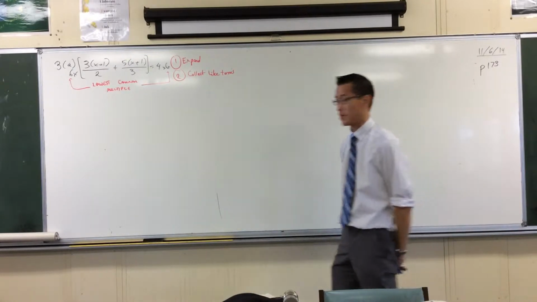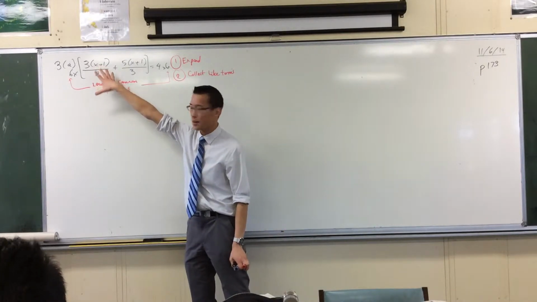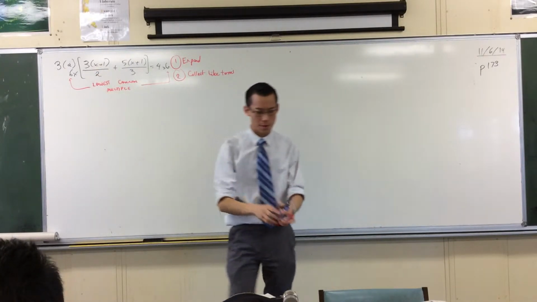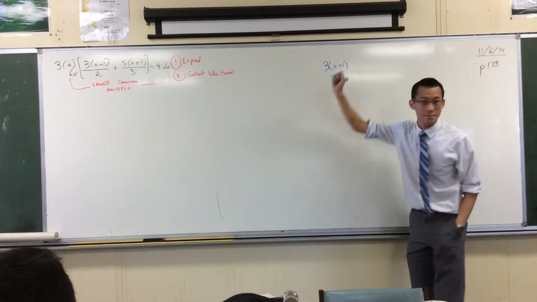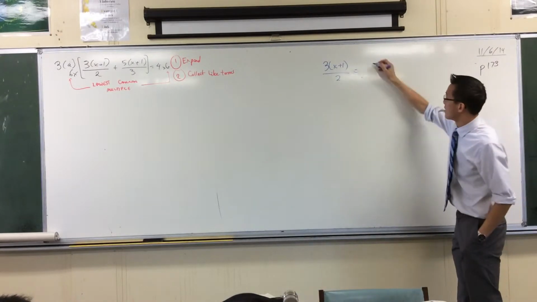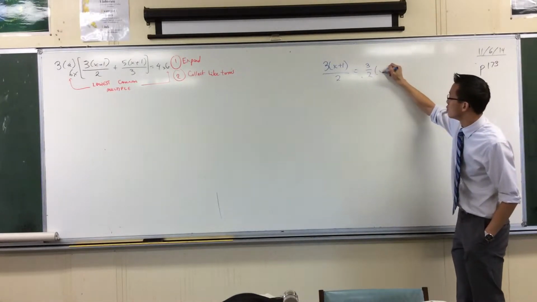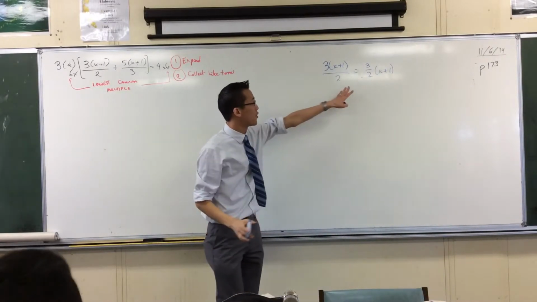So watch what happens. Let's do this, okay? If I do this over here, do you agree with me, just let me put this over on the side here, that 3x plus 1, that's the, over 2, that's the same as 3 over 2 times x plus 1. Is that okay? Yeah. I've done the division over here, but it's the same thing.